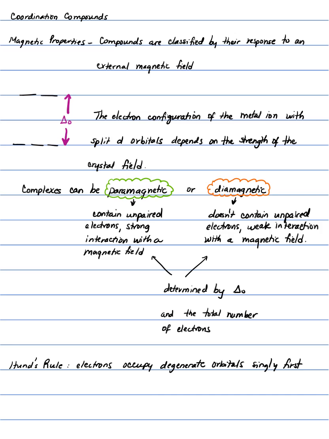So you have your d orbitals, they're split, right? You have 3 d orbitals at a lower energy level with the same energy, these 3 right here. And then you have 2 above, with the same energy.